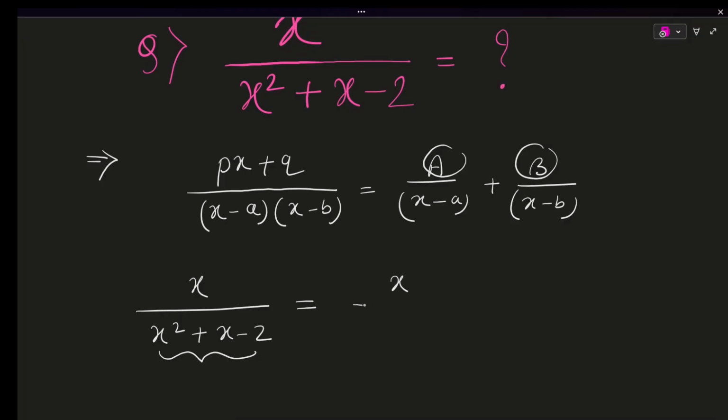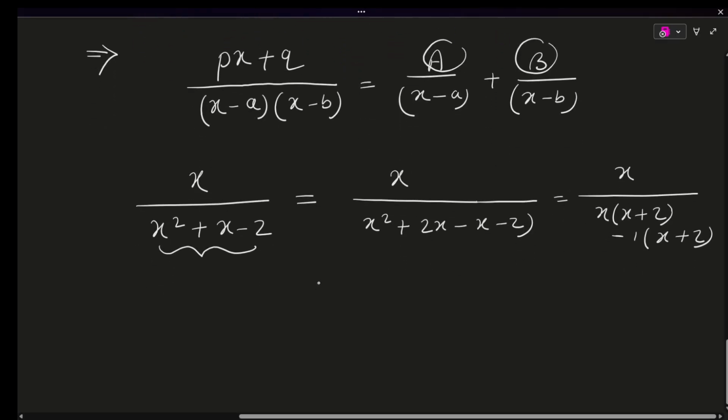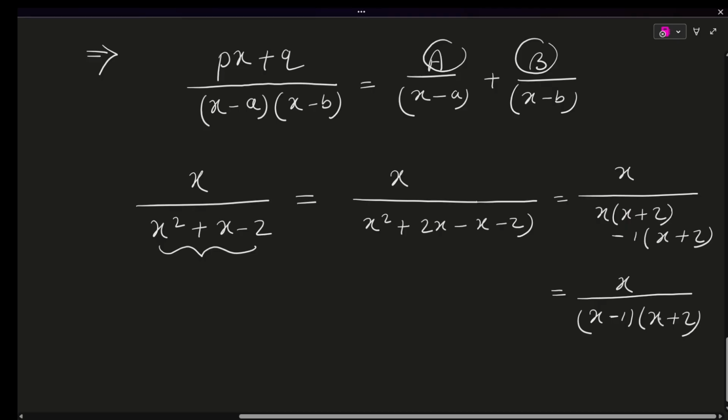So what will be the factors? x square plus 2x minus x minus 2 equals x divided by x into x plus 2 minus 1 into x plus 2, equal to x divided by x minus 1 into x plus 2.